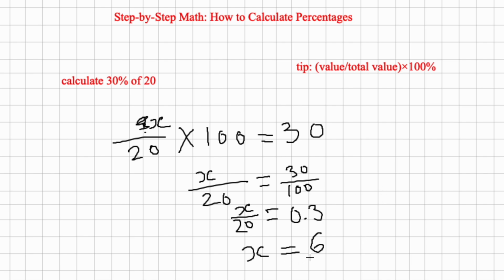Okay, and that is how you calculate the percentage. Just making sure you know this equation here. That is the key, and being able to rearrange it as well. Now we're going to look at a few examples, different types of questions as well.